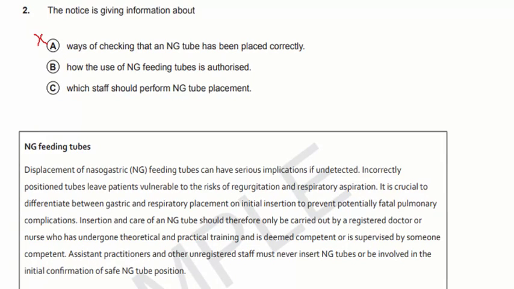Next one is how the use of nasogastric feeding tubes is authorized. This one is actually tricky.